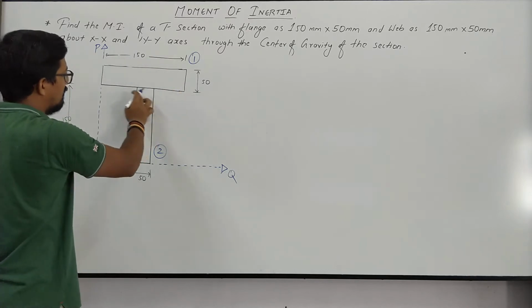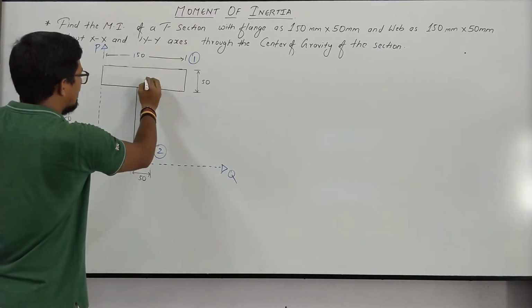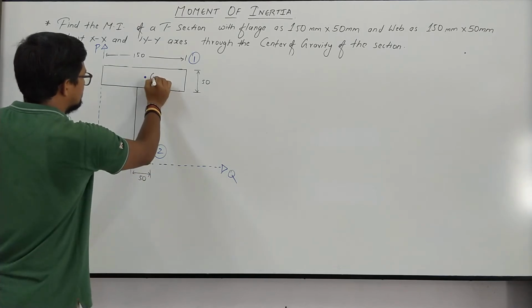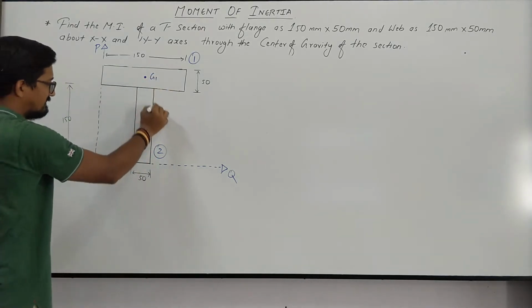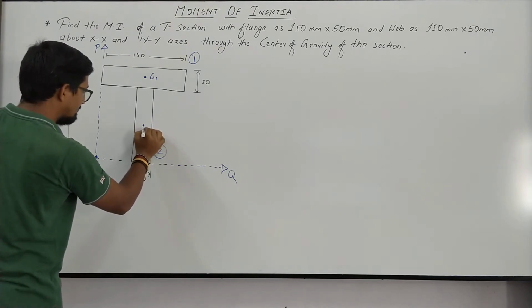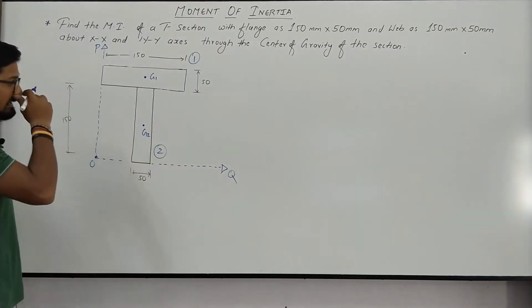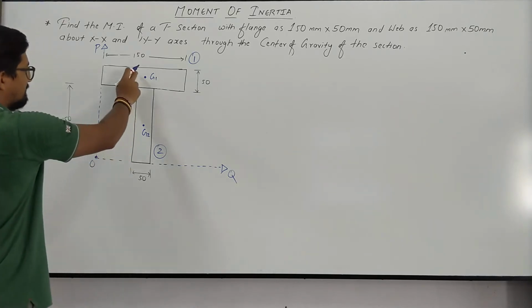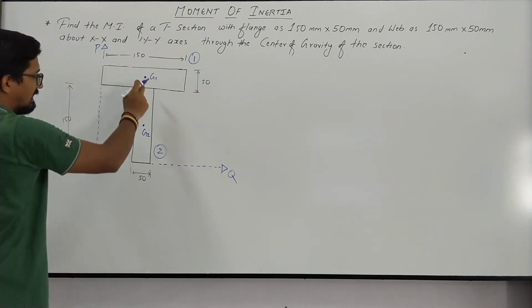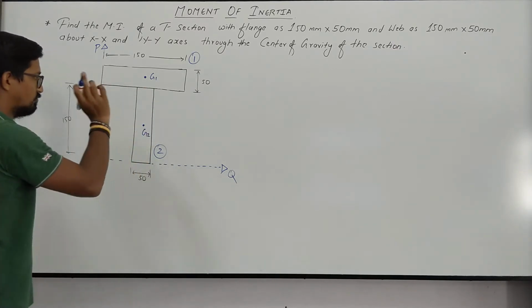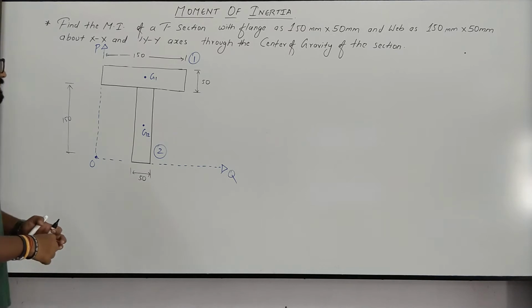The CG of a rectangle is at its center. So this is G1, and the CG for rectangle 2 will be at its center, so it is G2. We have located G1 and G2, the respective centroids of rectangle 1 and rectangle 2, correct? Now we have to check the symmetry.